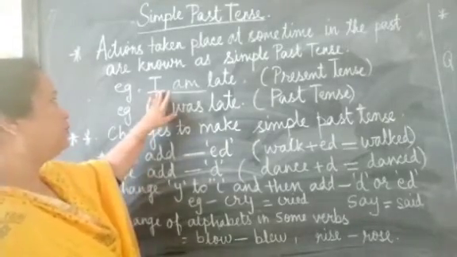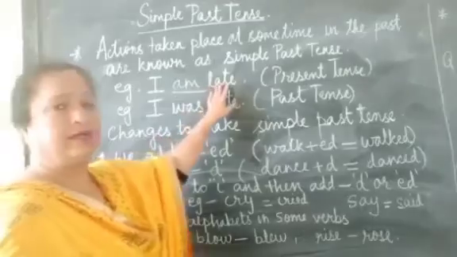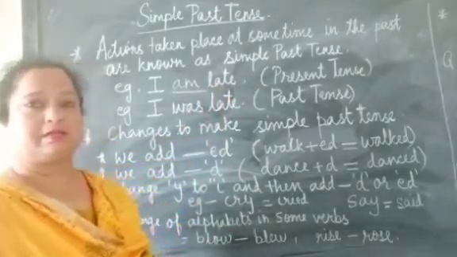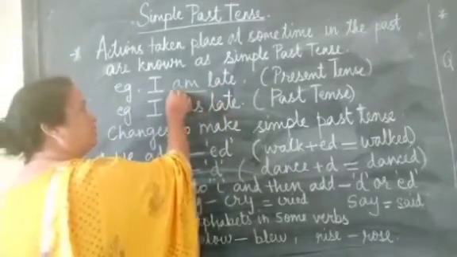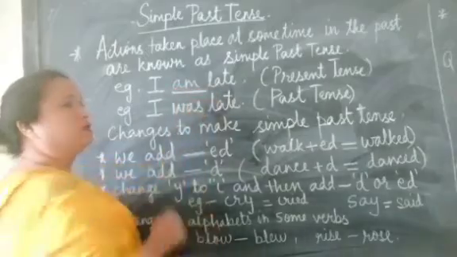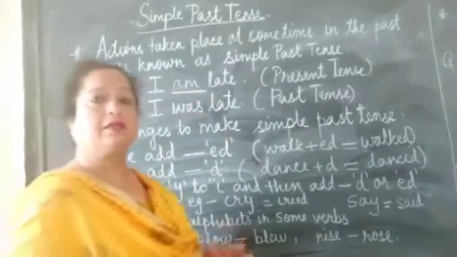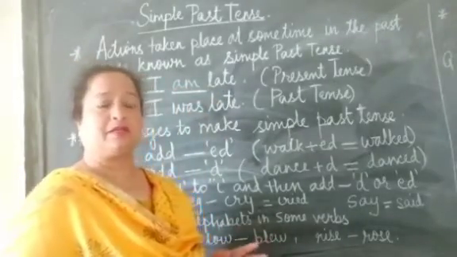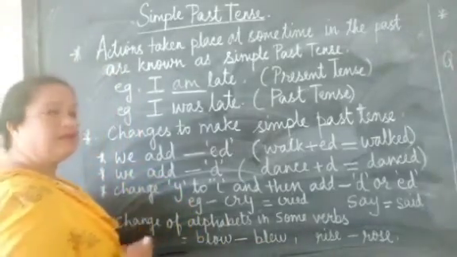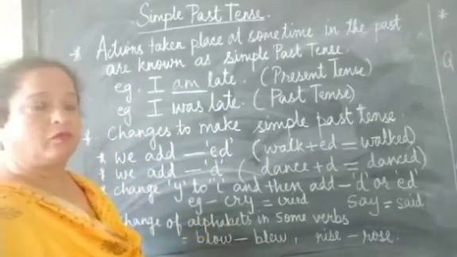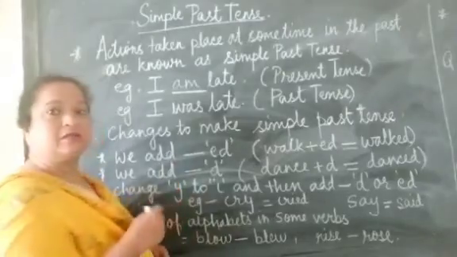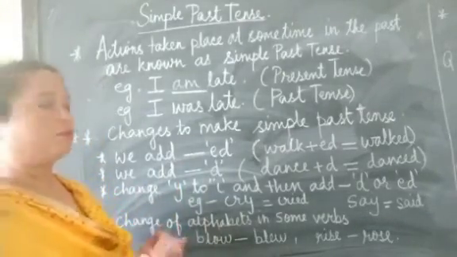The first example is I am late. If you have a look at the sentence, we have the helping verb am. This shows us that this sentence is in the present tense form. But if I need to change it into the past tense form, I will need to change the verb or the helping verb.